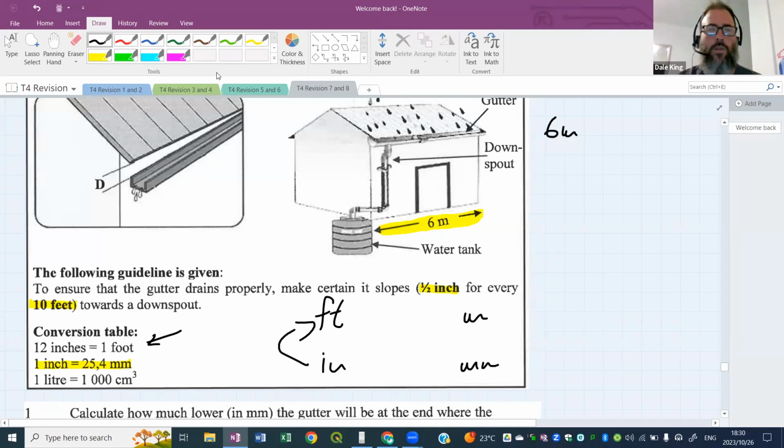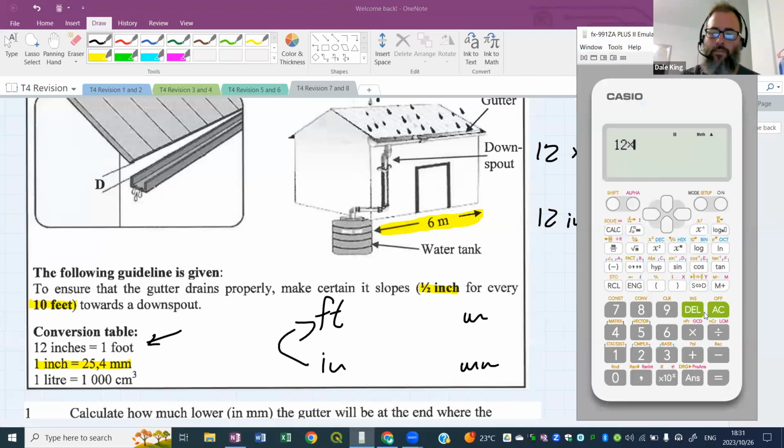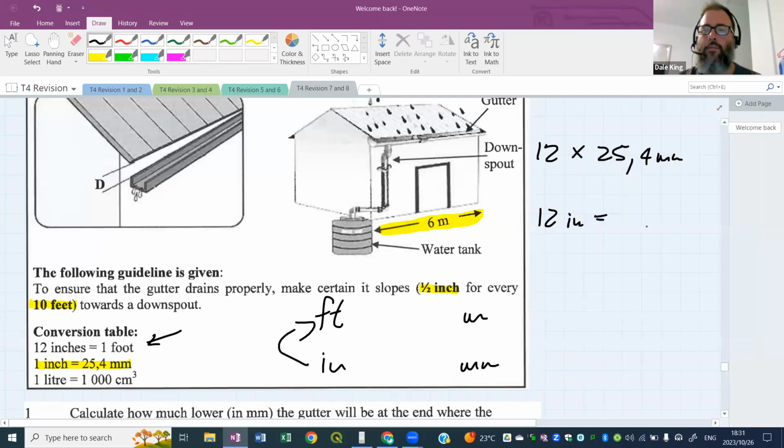So if 1 inch is 25,4, then 12 inches I'll multiply by 25,4. 12 inches will equal 12 times 25,4, which is 304,8 millimeters.